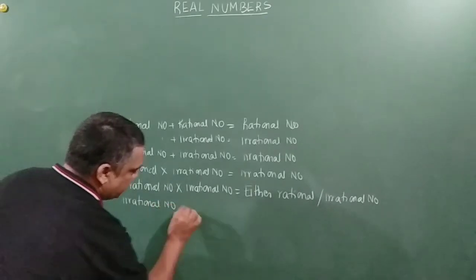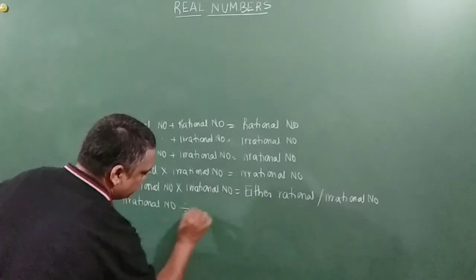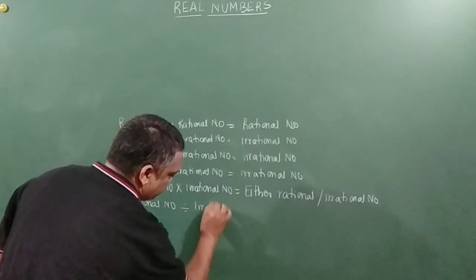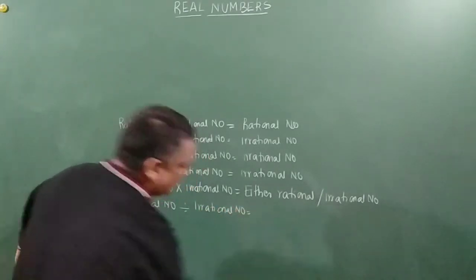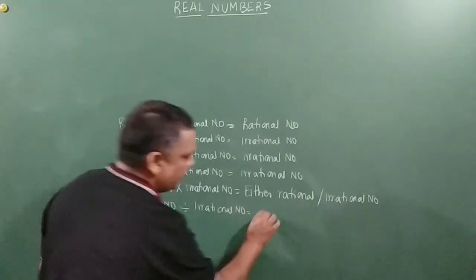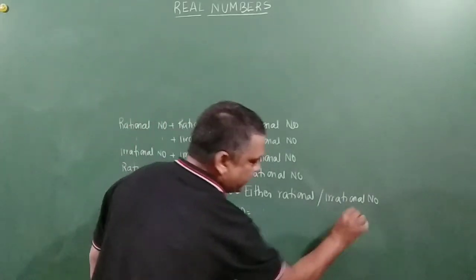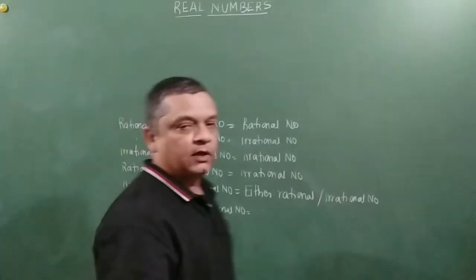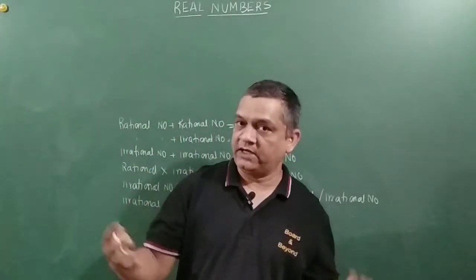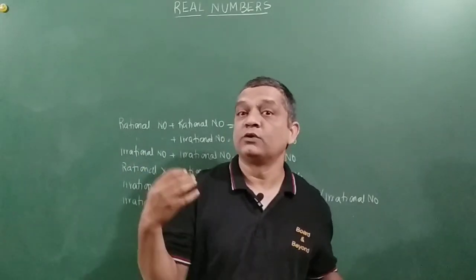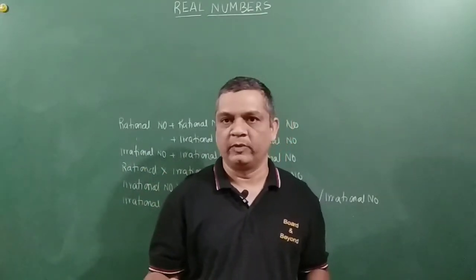Irrational number divided by irrational number. Okay? So this can be either a rational number or an irrational number. For an example, root 5 divided by root 5. Both are irrational. But your quotient here is equal to 1, which is a rational number.